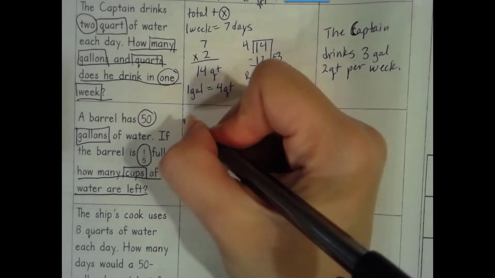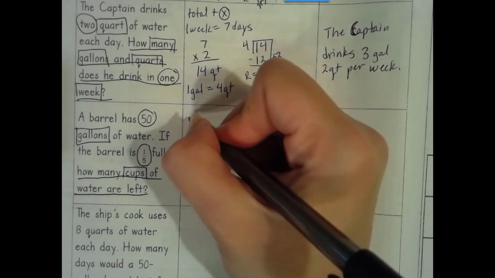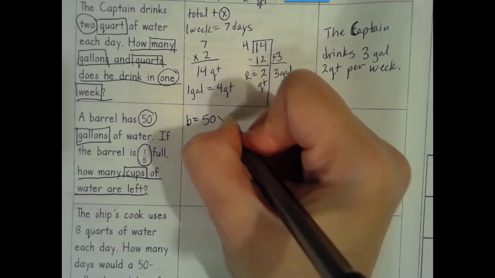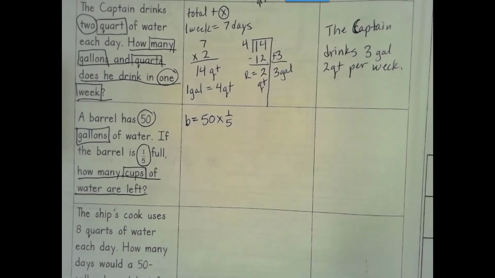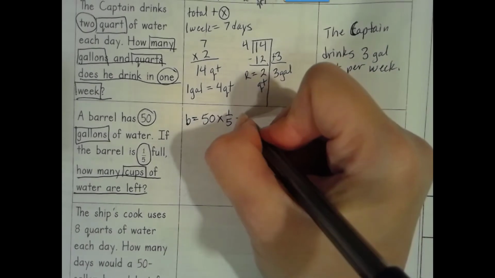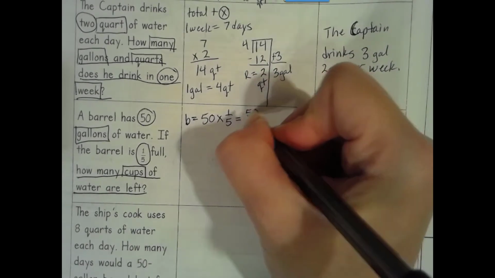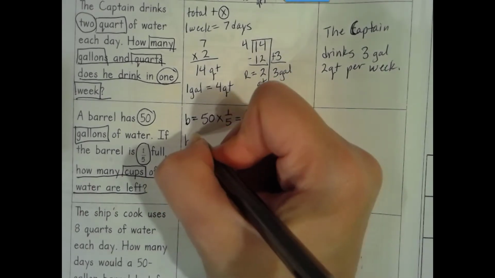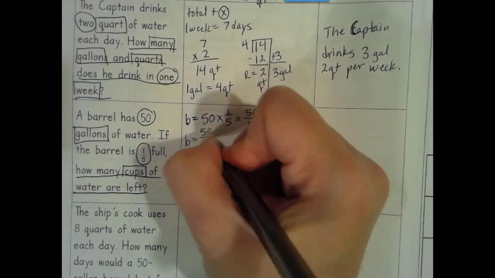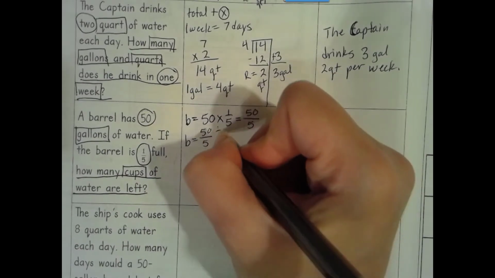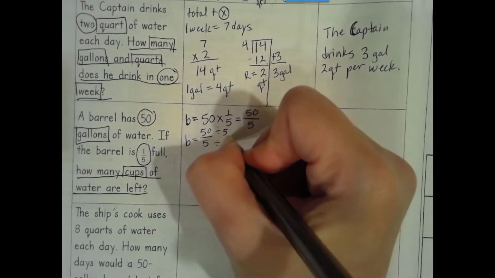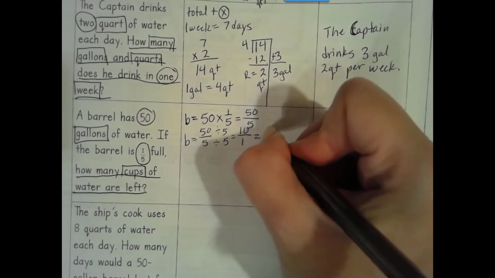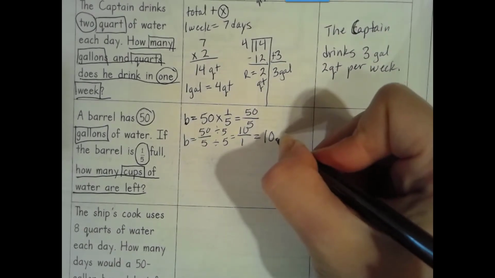So first, to figure out how full it is, the barrel is 50 groups of 1/5, which you get 50 over 5. 50 over 5, well, both of these can be divided by 5, and we get 10 over 1, or 10 gallons.